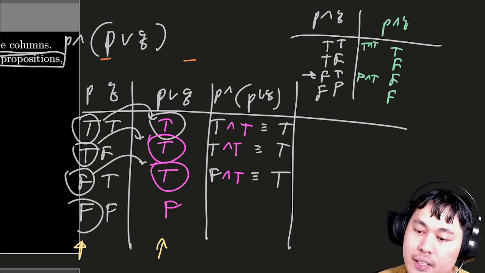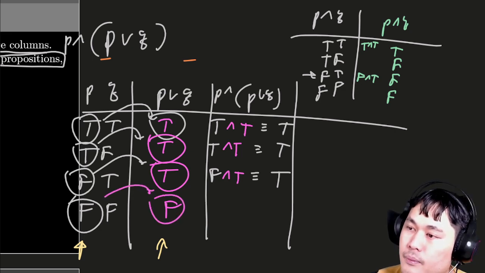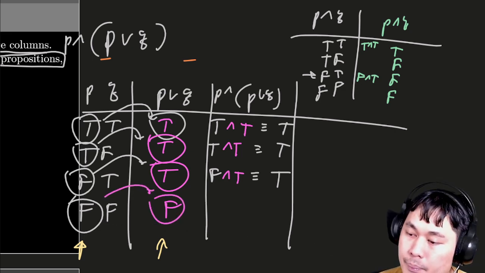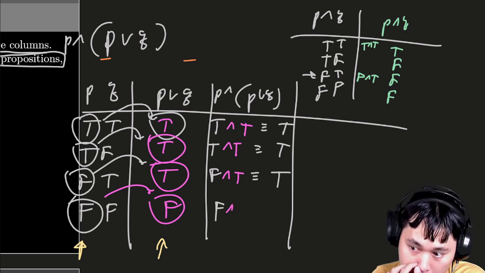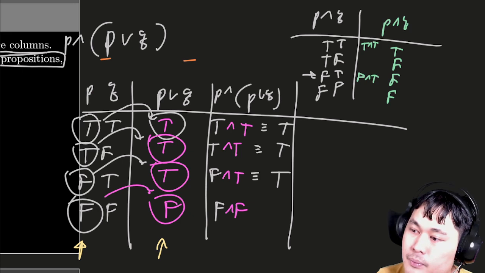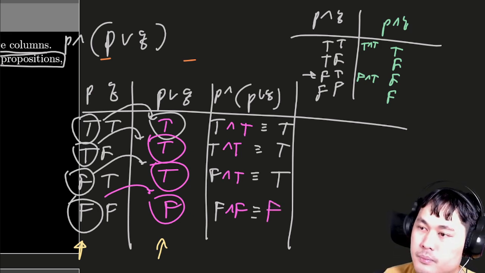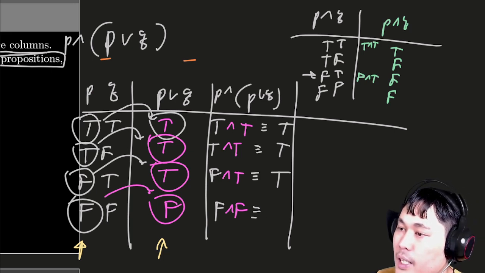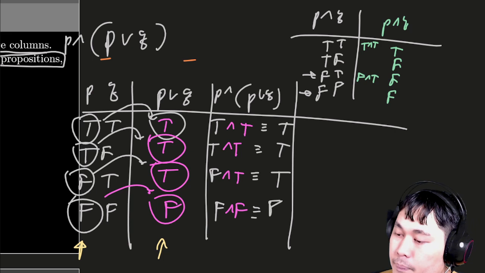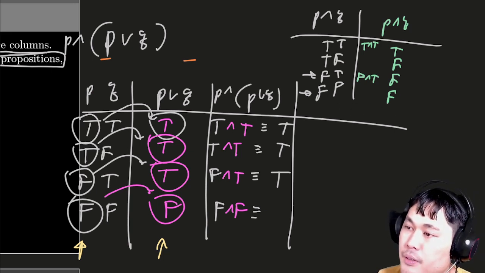And lastly, we have false here and false there. And so the final column is when P is false and this P or Q is false. So the result is false. And that corresponds to the last row of P and Q. And so this one, this is what we need.